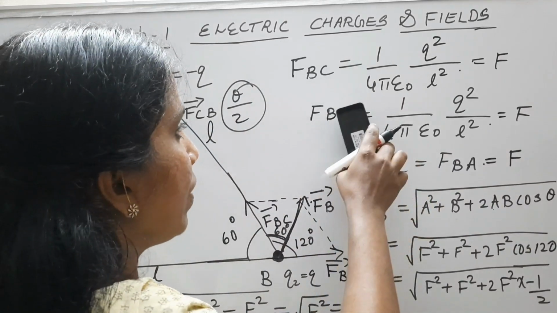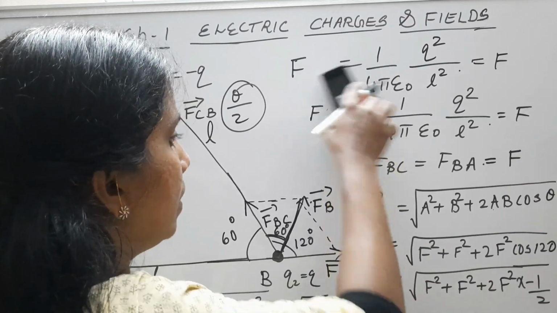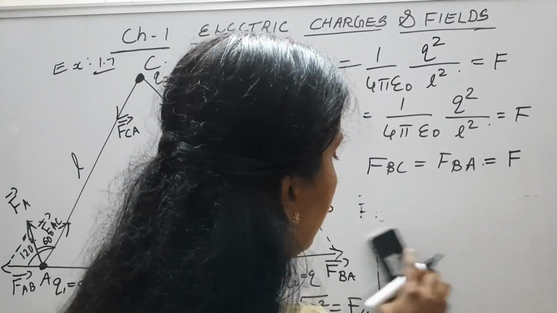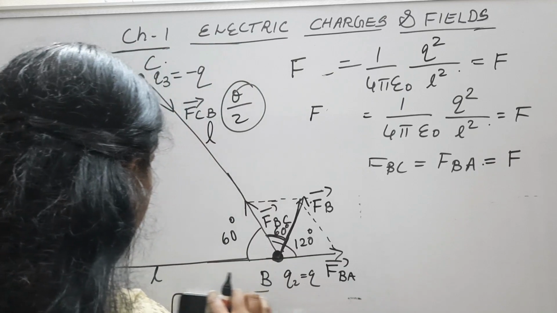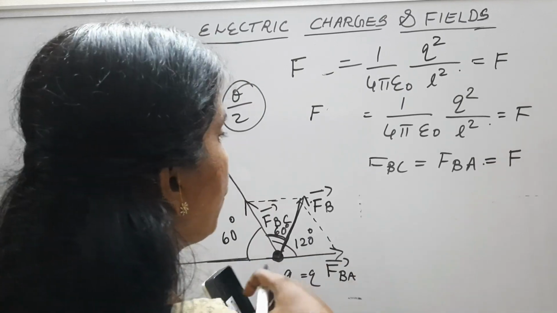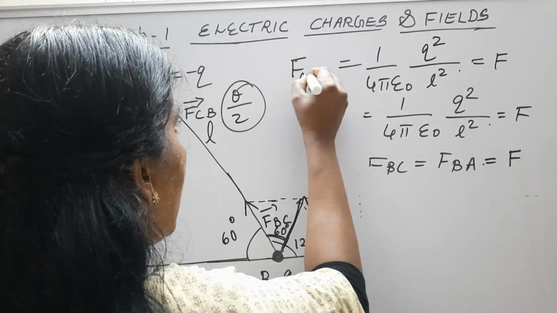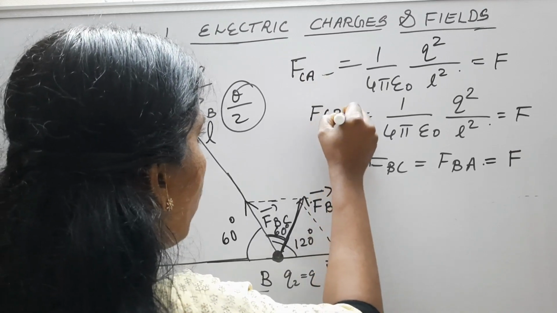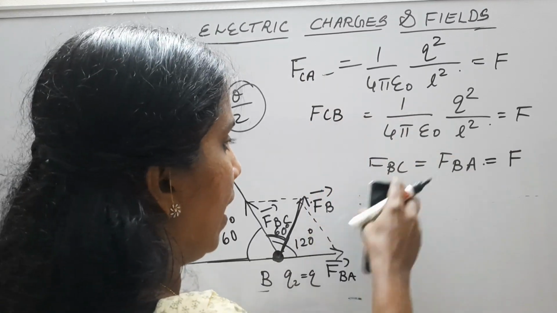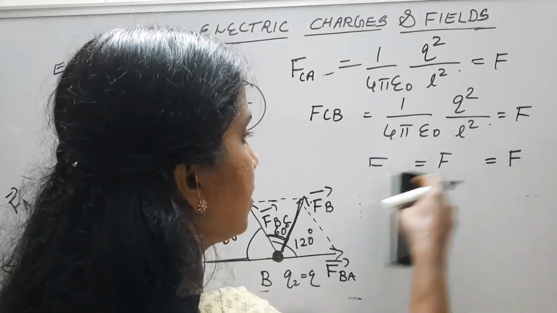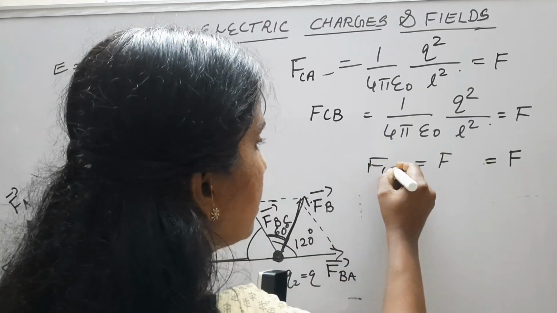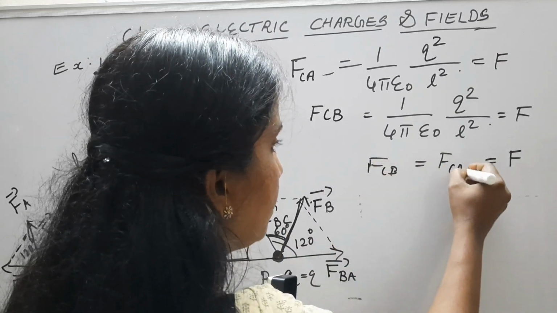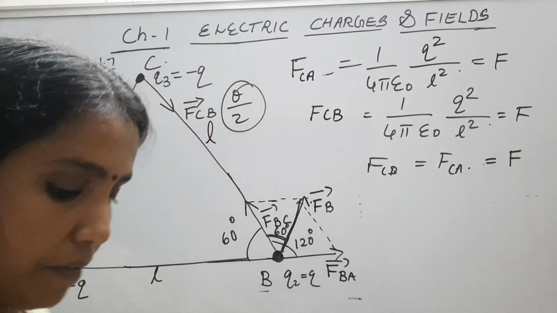That is, if we write F, so I am rubbing this. So if we write FCA and FCB, both will be of same magnitude. Now what about the angle between the two?